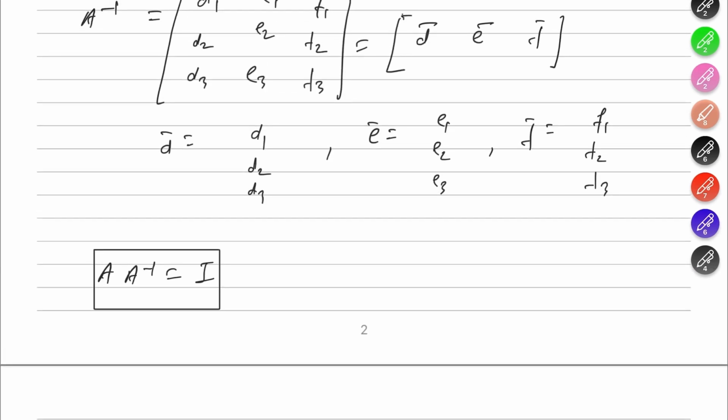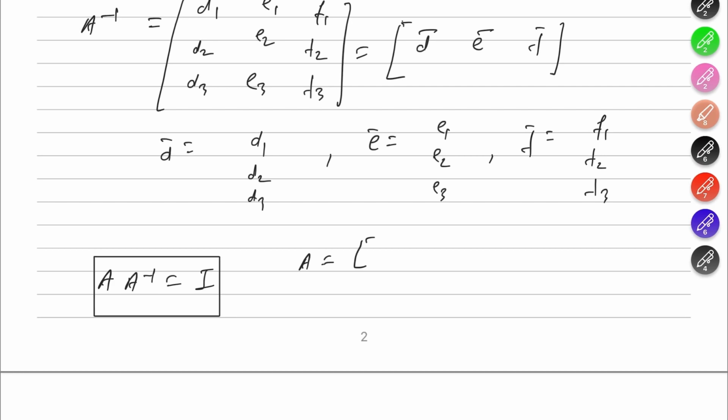This multiplication holds if A is written like this: A, B, C, and A inverse is written like D, E, F. So this multiplication holds only if this is a 3 cross 1 matrix and A inverse is a 1 cross 3 matrix.